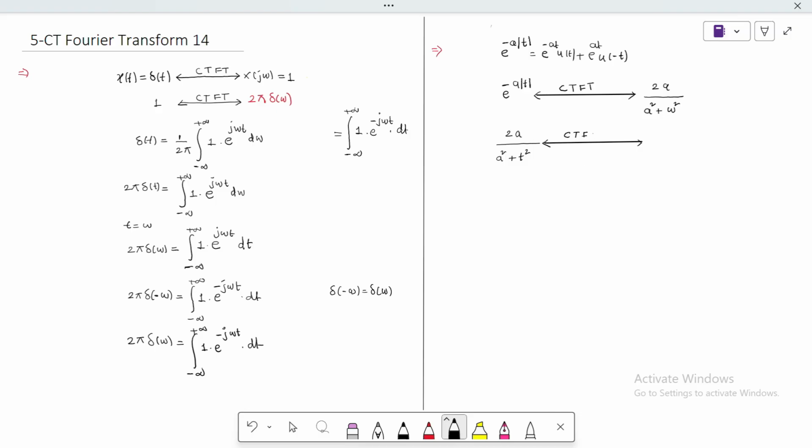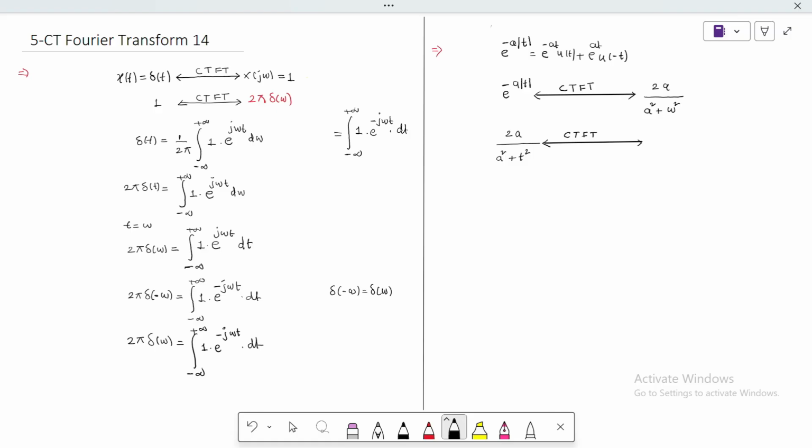Same duality, same concept. So we can write directly 2 pi into e power minus a mod omega. But before that, I want to prove it.